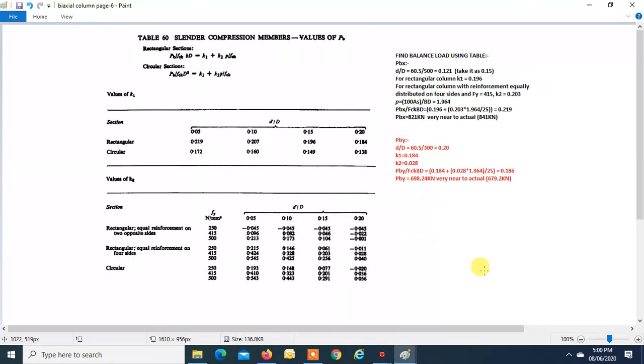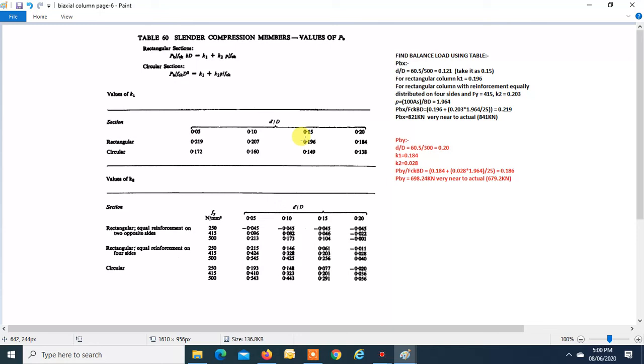Now for finding PBX as balanced load, the code has given Table 60. We can also find the balanced load using this table. Let us find PBX using this table. D by capital D is 0.121, so we'll take it as 0.15. For a rectangular section, we are finding the value of K1.